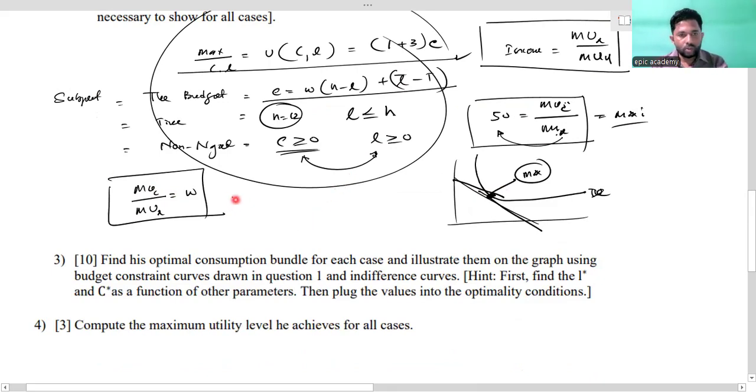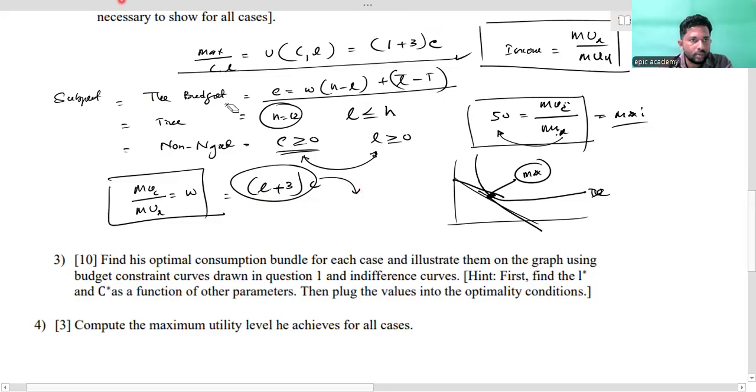So the total utility function is already given here: L plus 3 within brackets C. If we convert that equation into an easy form, you can calculate easily.